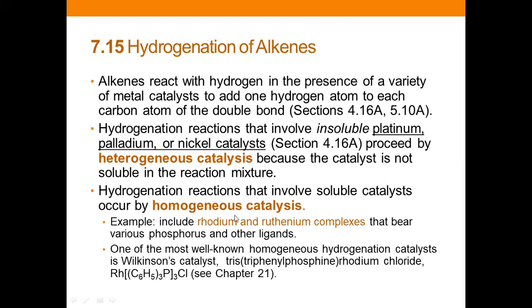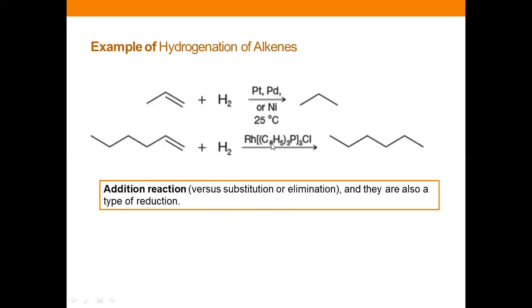We can also use a homogeneous catalyst, for example, rhodium or ruthenium complexes, such as Wilkinson's catalyst, tris(triphenylphosphine)rhodium chloride, this one. We call this a homogeneous catalyst because it is soluble in the reaction solution.